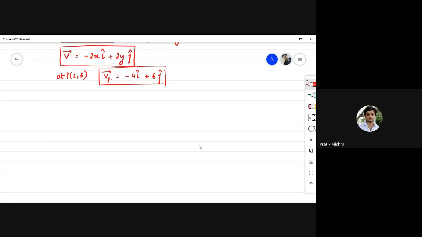Ab again you need to determine stream function. Sorry, velocity potential function. To determine velocity potential function, in order to determine velocity potential function, use Cauchy-Riemann's equation.